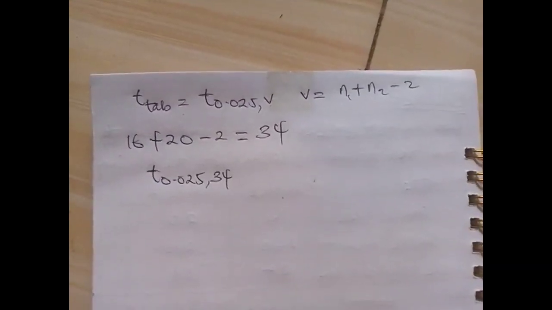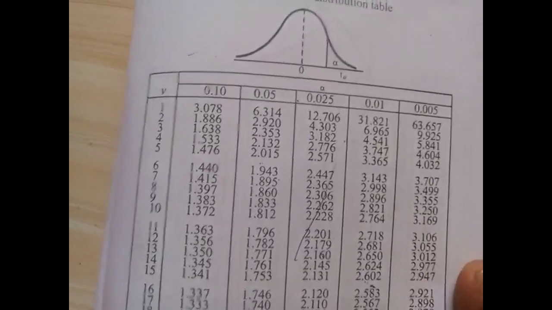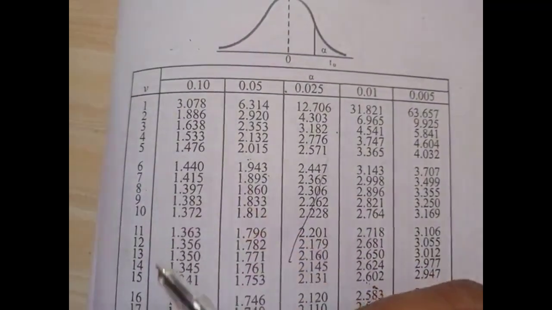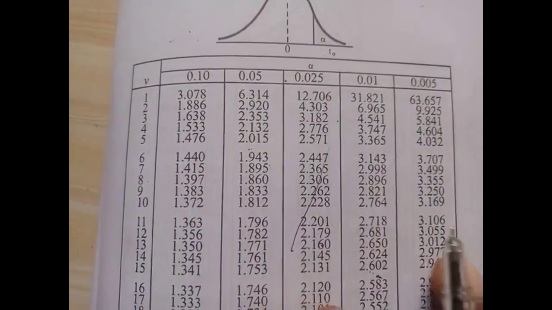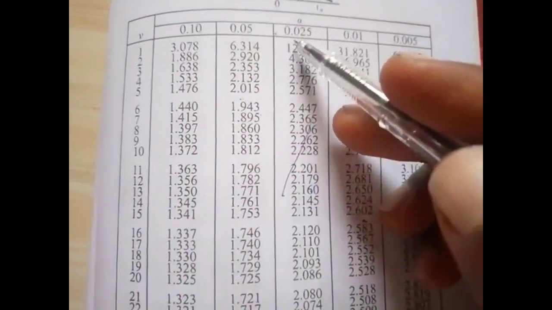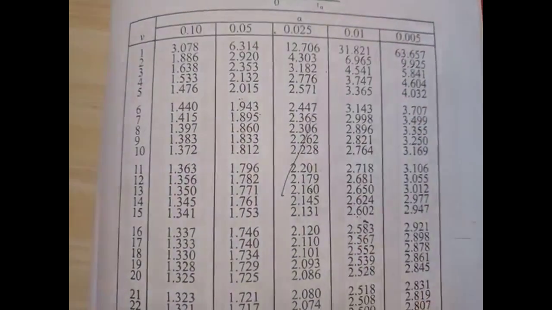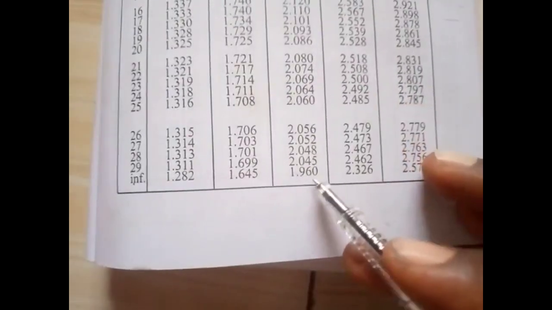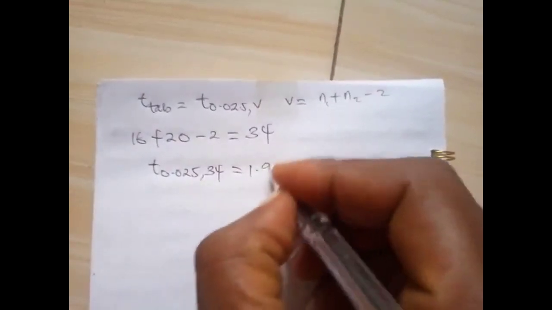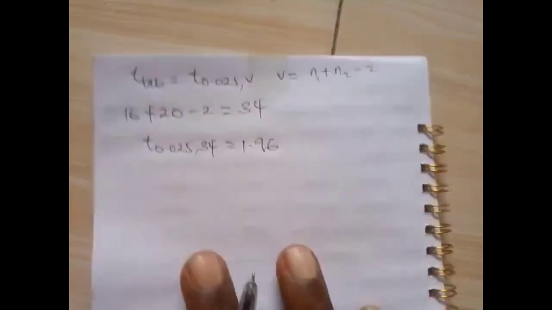So we go to the t table, v is 34. 34 is greater than 30, so we look under infinity. 0.025 under infinity gives 1.960. So the value is 1.96.